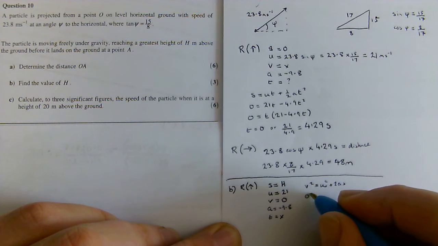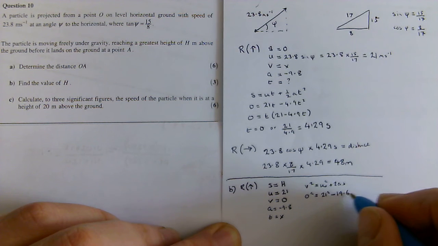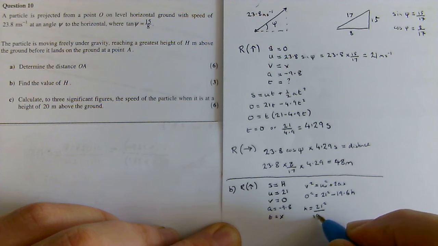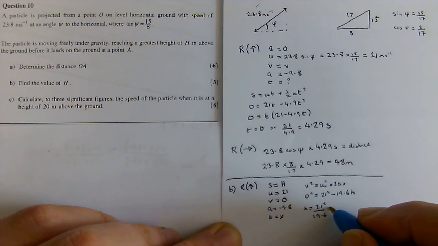So 0 squared equals 21 squared minus 19.6h. So h equals 21 squared over 19.6, which gives me 22.5 meters.